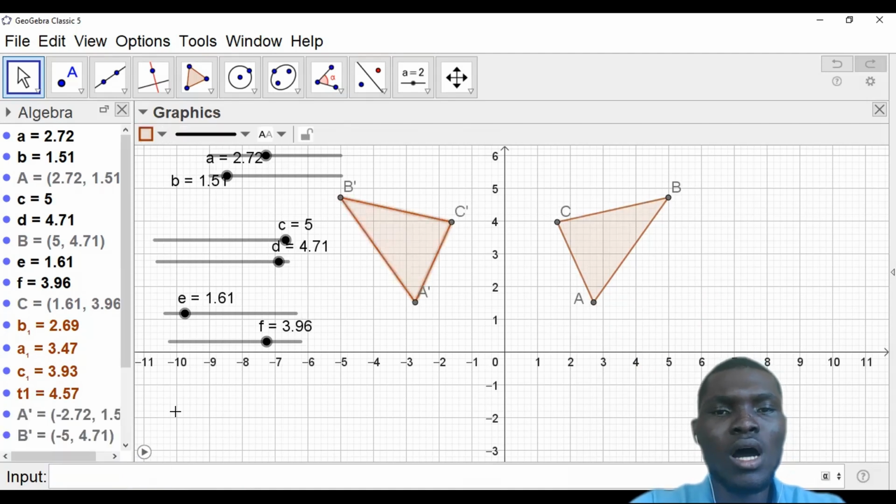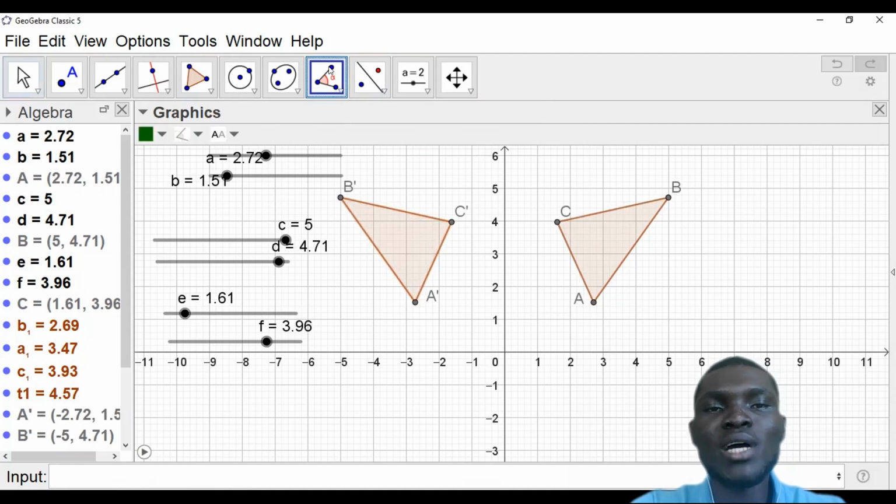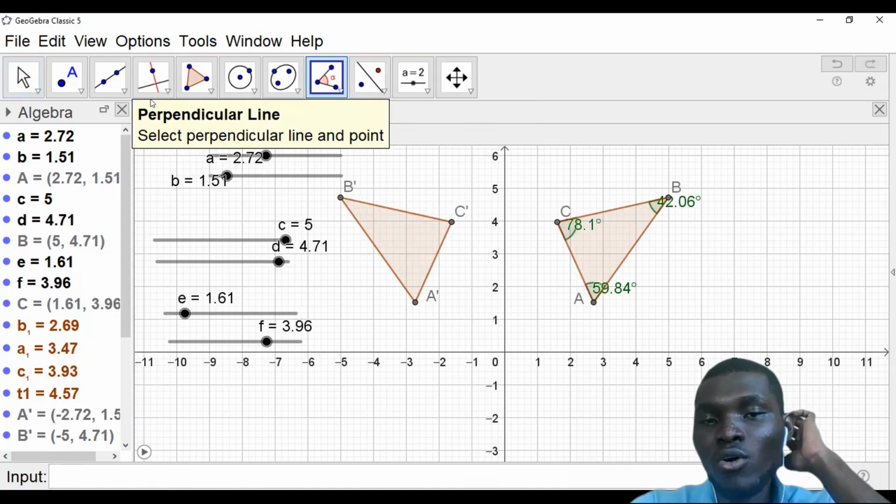So now, how do I know that it's the same thing that is here? What I'm going to do is measure the angles formed in the original one and measure the angles formed in the reflected one. You find out that they are the same. Get it? They are the same. So therefore, it's the same triangle I have reflected.